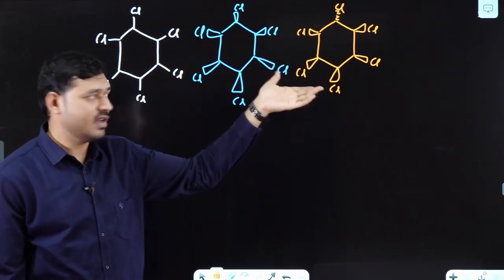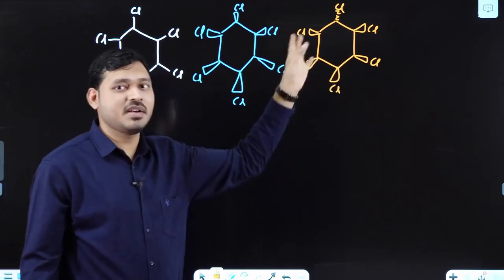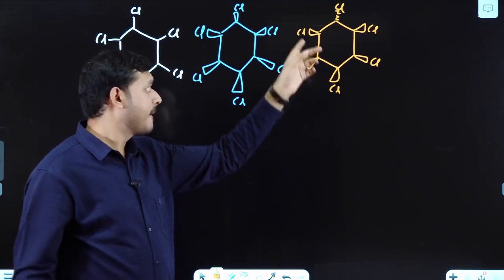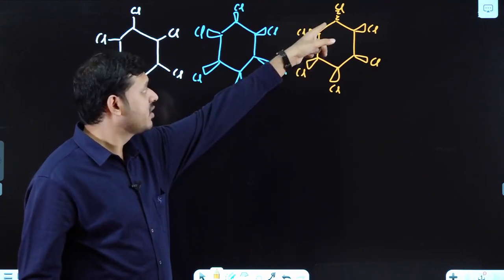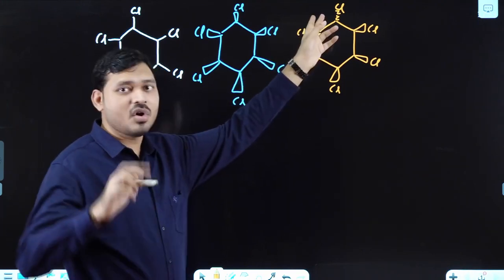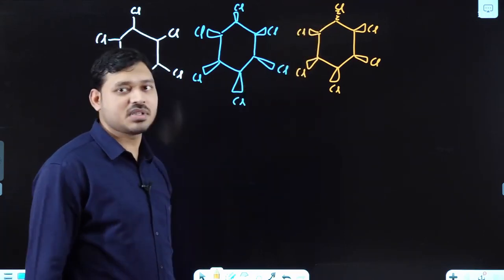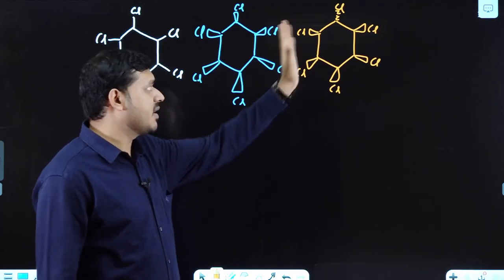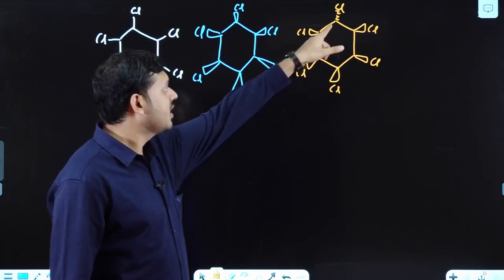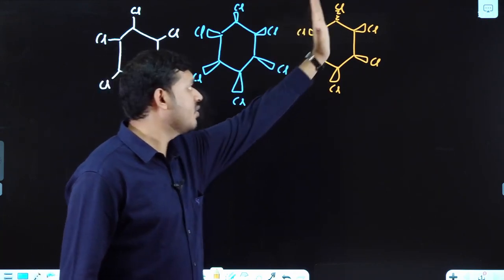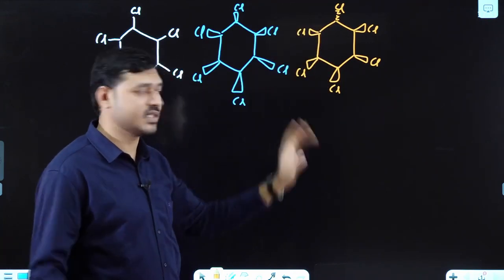Because all are identical. Also, numbering can be done from all the sides, any part, right? You remember the formula? So in this one, on a different side means 5 on the same side. This is one possibility only. Here it is having a plane of symmetry when you cut including this chlorine on a different side with this one, okay? So you are having POS here, not COS.